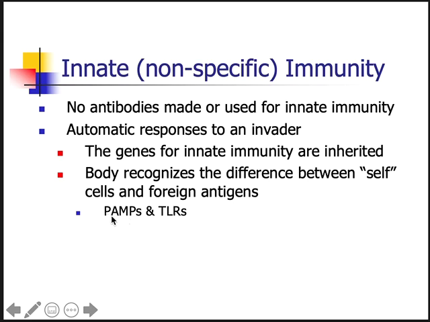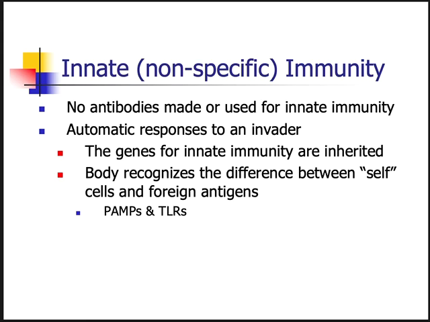So what are PAMPs? Pathogen-associated molecular patterns. This refers to pretty much any part of a pathogen. This could be parts of its cell wall. This could be parts of its DNA, right?